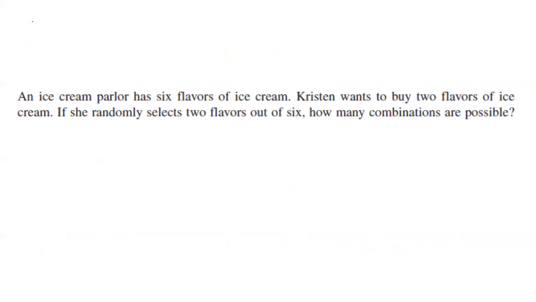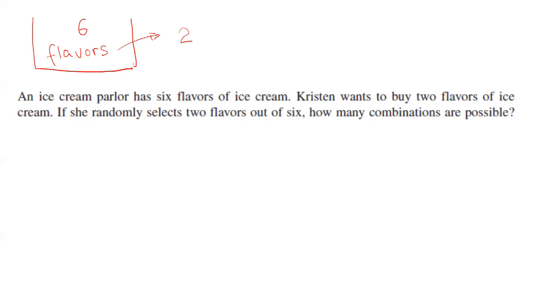In this problem, there are 6 flavors in the jar, and the person wants to buy 2 flavors of ice cream. That means 2 flavors are picked up. And the question asks you to calculate how many ways it can be done.